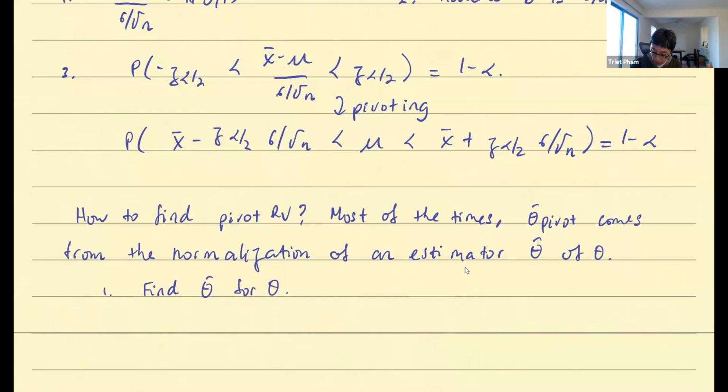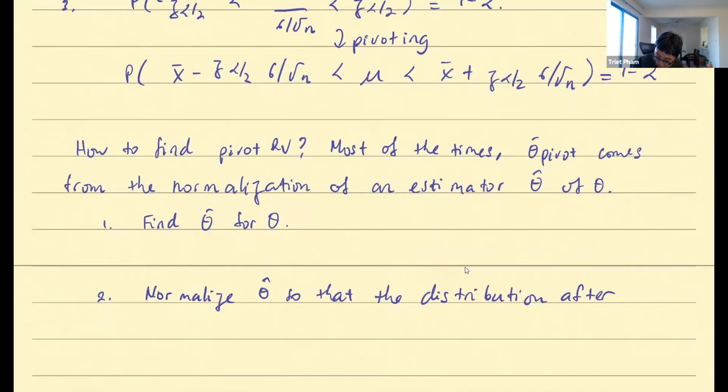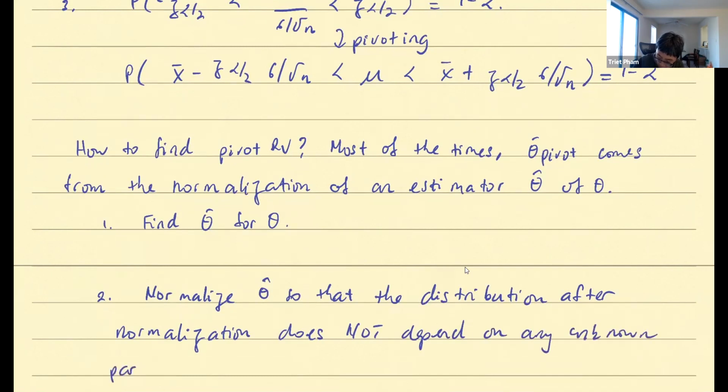Find an estimator. 2, normalize theta hat so that the distribution after normalization does not depend on any unknown parameters.